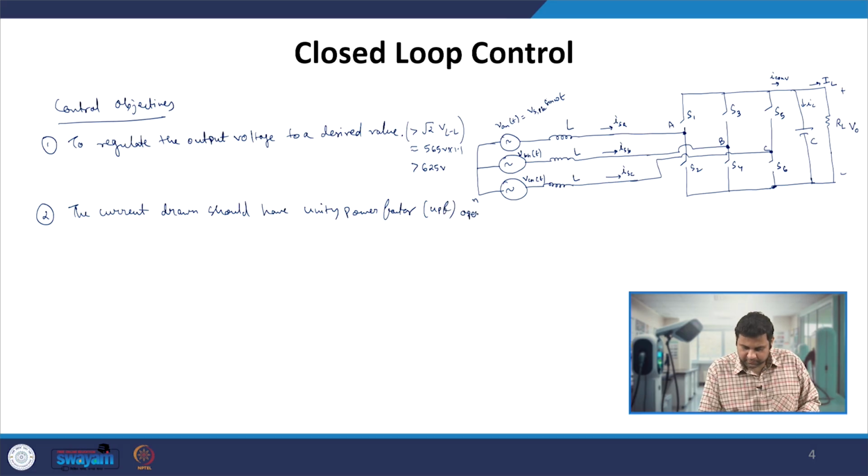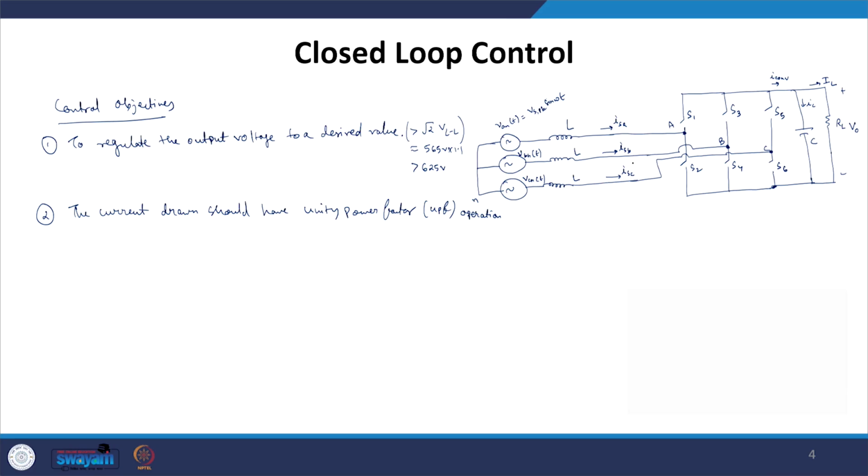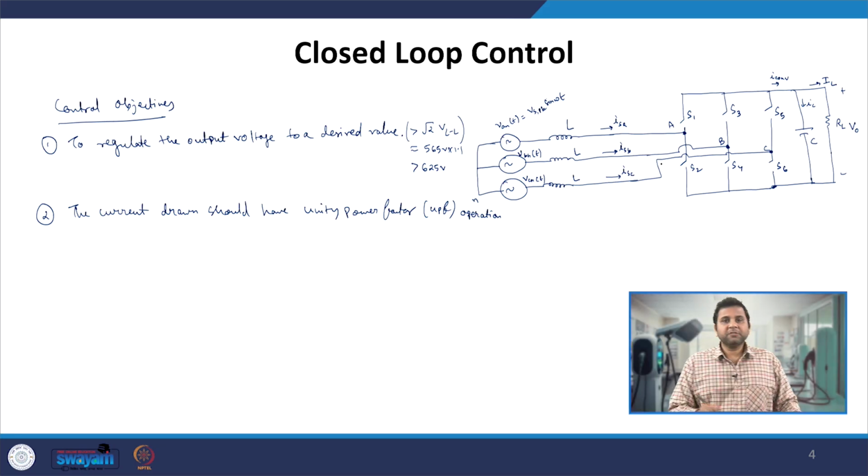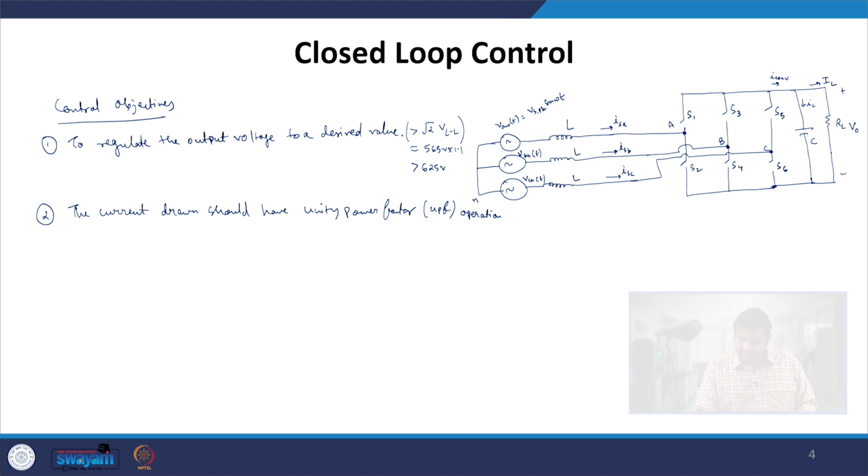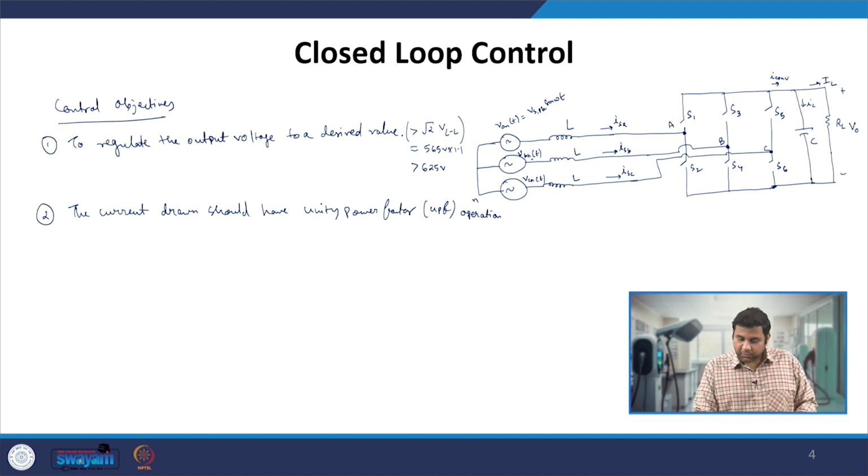That operation has to be there in all the 3 phases, because we assume that we have the balanced 3 phase operation. So, we must ensure that all the ISA, ISB, ISC must be having the unity power factor operation. That means ISA must be having the same phase angle as that of the VAN phase angle, ISB should be VBN phase angle, and ISC phase angle should be VCN phase angle.